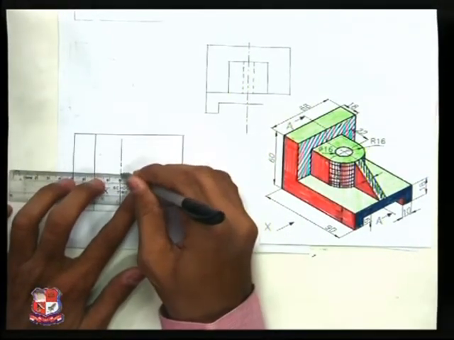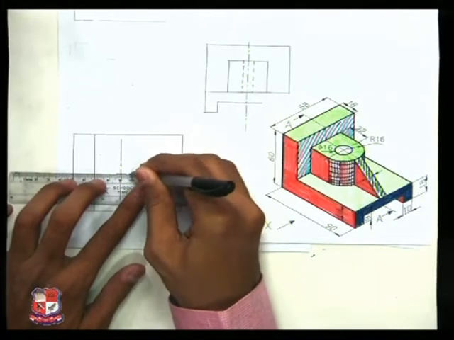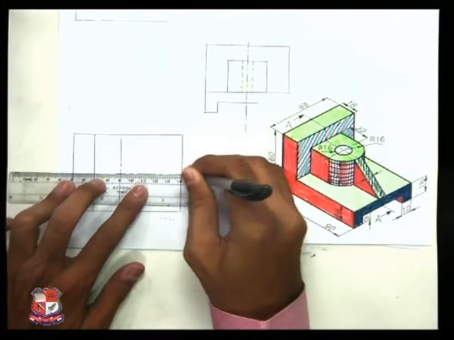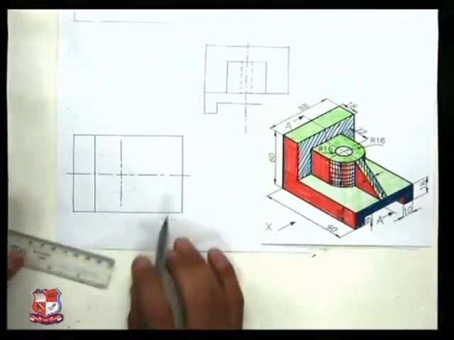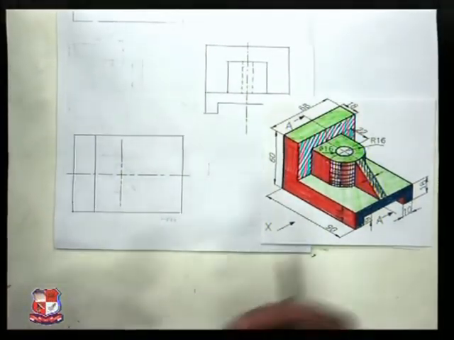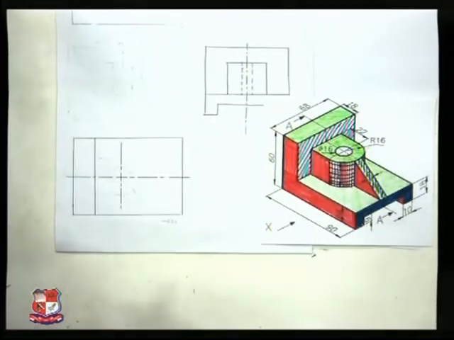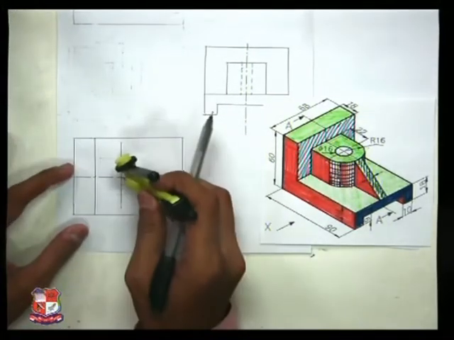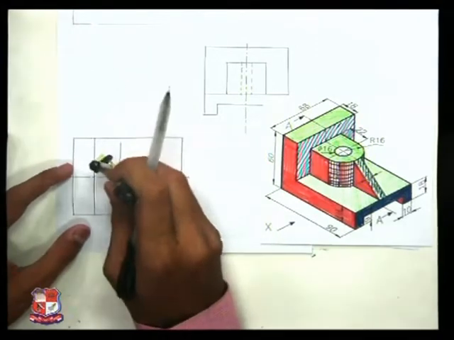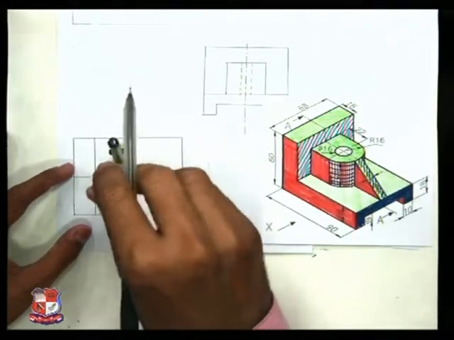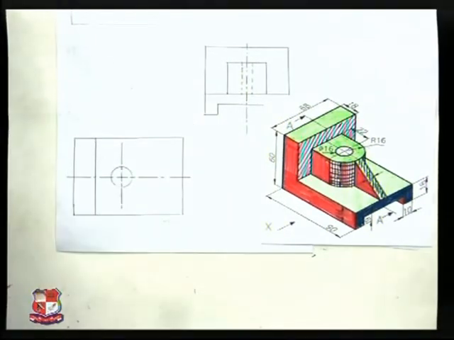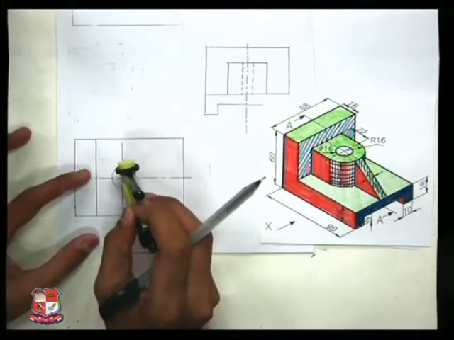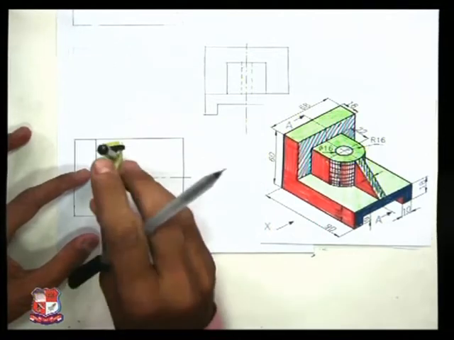So here also draw a center line like this, and here a circular hole is there, this having radius 8 millimeter. So with the radius 8 millimeter, draw a circle. So this circle is having diameter 16 millimeter and of radius of 8 millimeter.